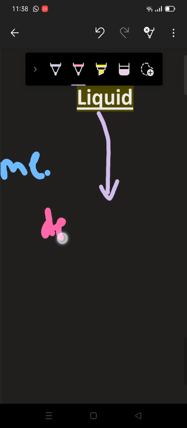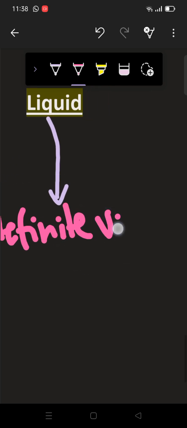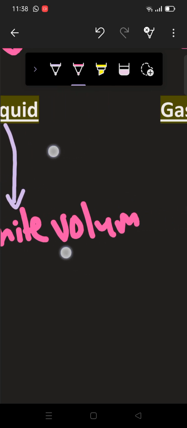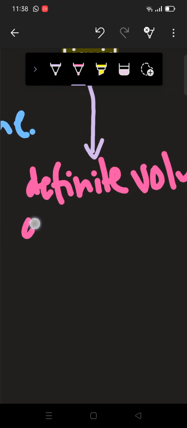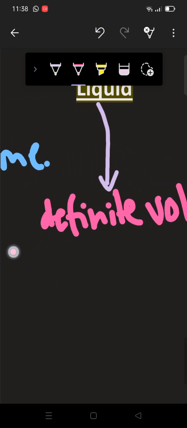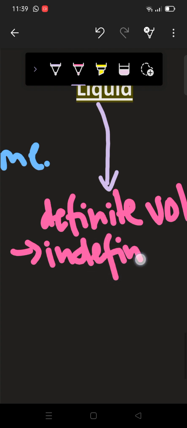Let me change the color. Definite volume but not definite shape. It will have an indefinite shape.